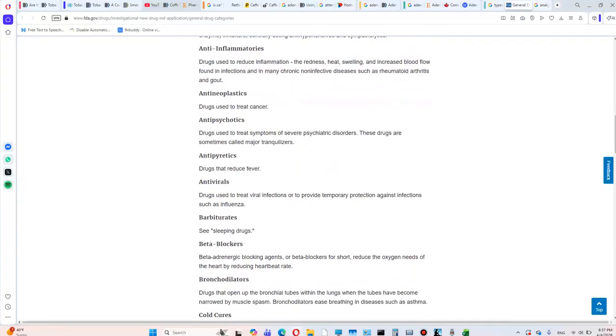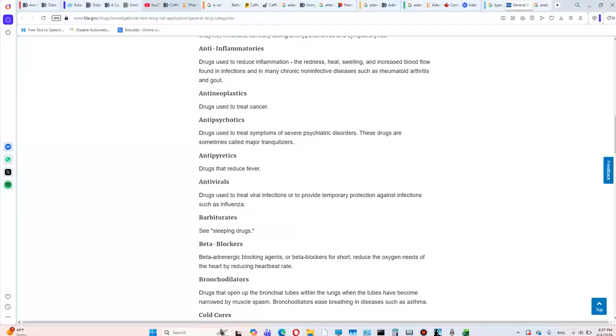Antipsychotics, drugs used to treat symptoms of severe psychiatric disorders. These drugs are sometimes called major tranquilizers. Antipyretics, drugs that reduce fever.